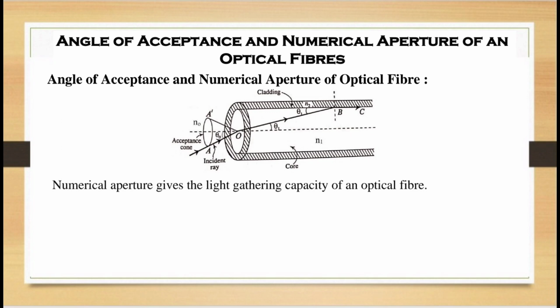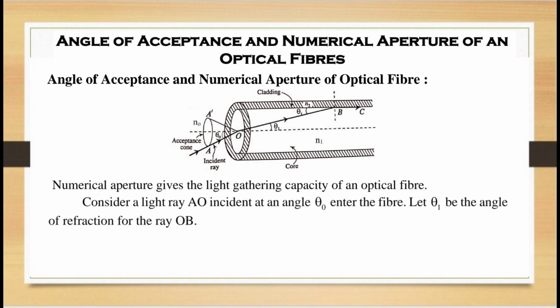Now let us derive the expression for angle of acceptance and numerical aperture. Again consider the diagram. Here consider a light ray AO incident at an angle of θ0 enters the fiber. Let θ1 be the angle of refraction for the ray OB in the diagram.